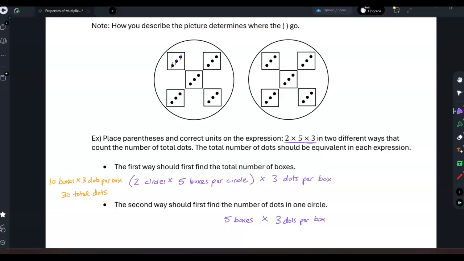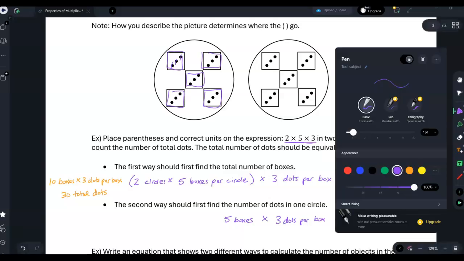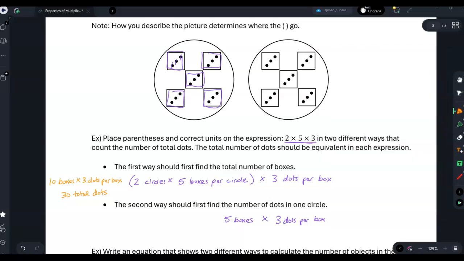So 3 dots per box. And then I just need to count how many boxes. 1, 2, 3, 4, 5. And so doing it that way, I would end up finding that there are 15 dots per box. I'm sorry, 15 dots, but that's 15 dots, not per box, but per circle, right?